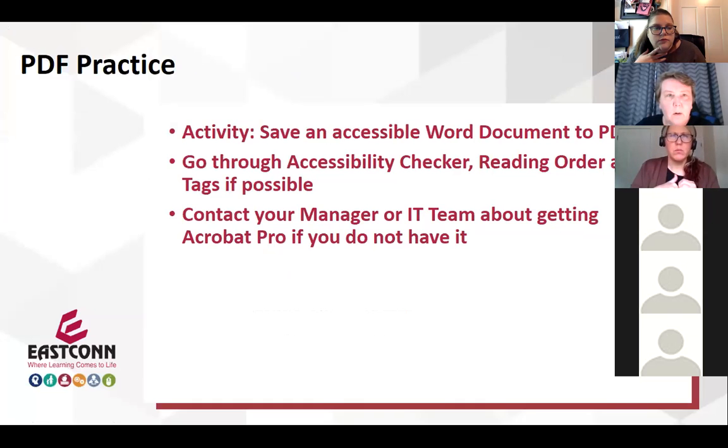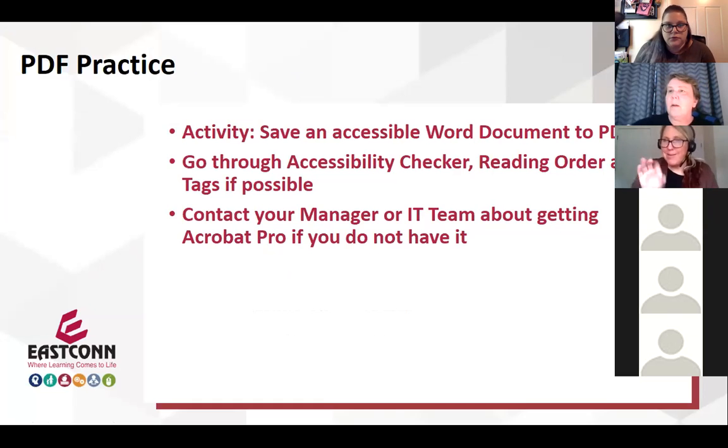From the PDF practice that people could do: take a Word document, either the one we gave before or one you are working on, save it as a PDF, and then go through the steps we went through. You have the handout in Google Drive about PDFs.